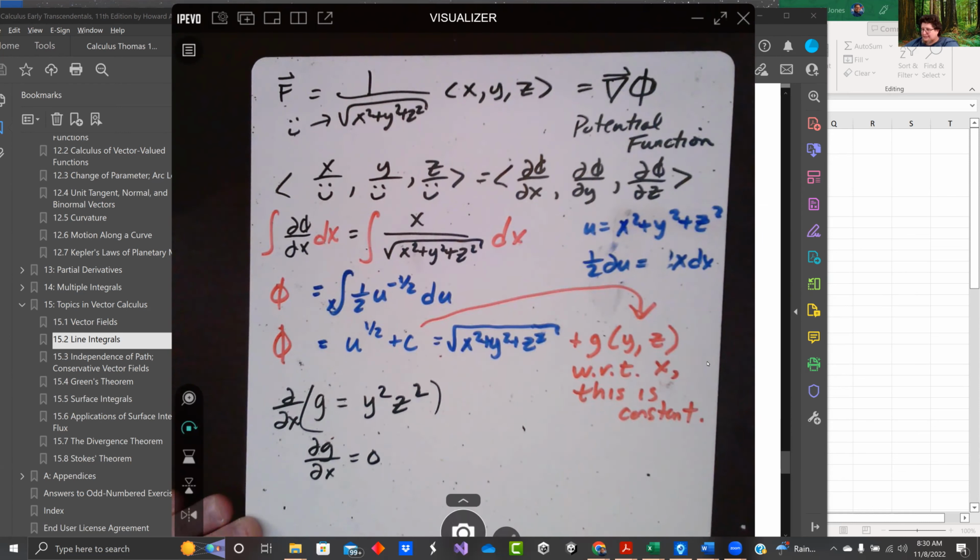So I'm going to write what my φ is so far. I've got the square root of x squared plus y squared plus z squared, and I've got plus h of z.